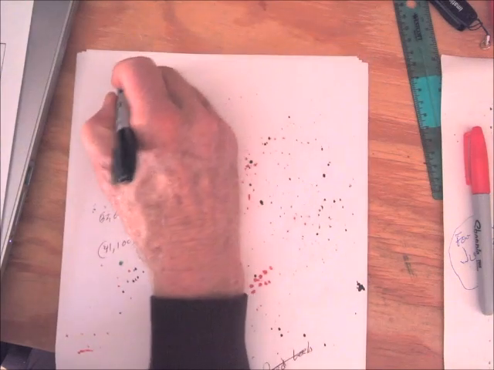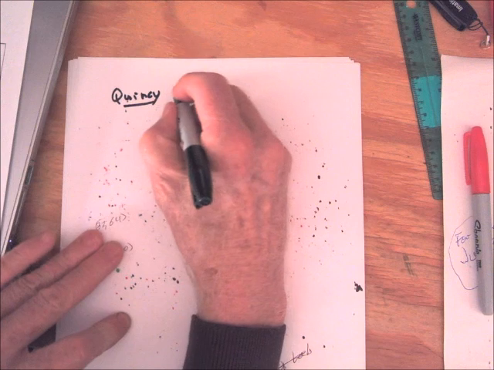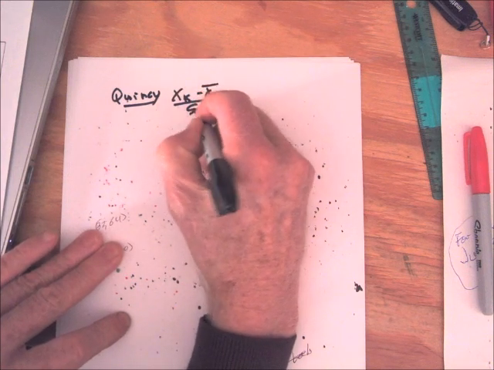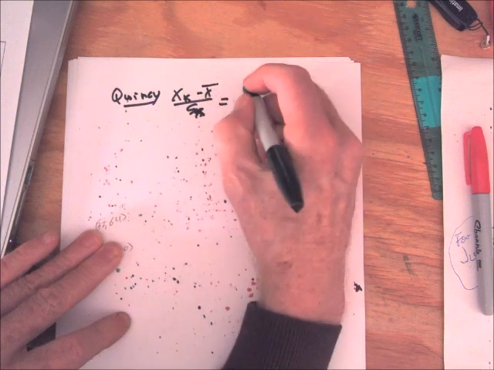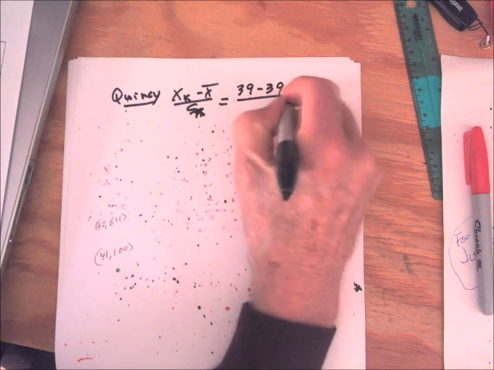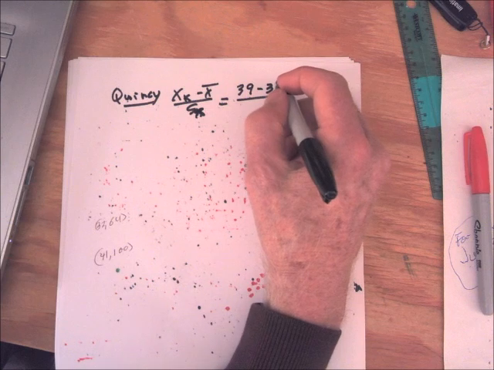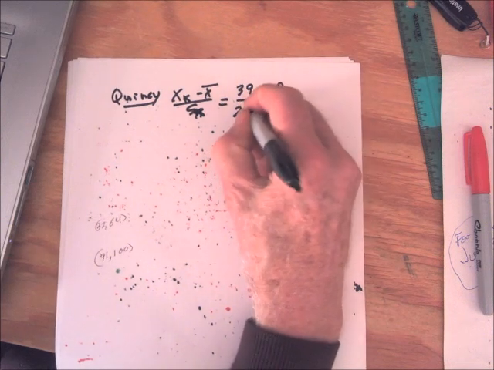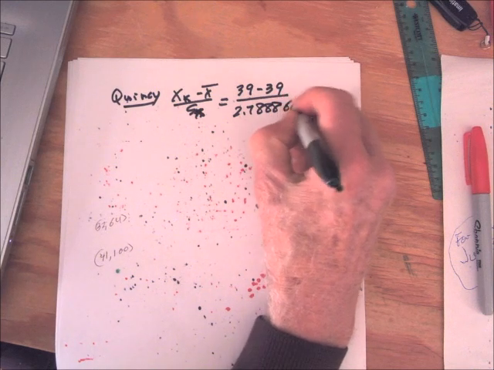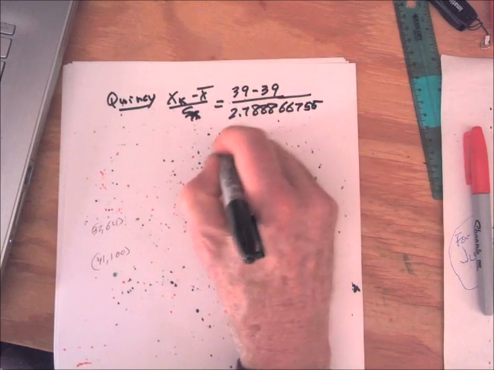We want xk minus x bar over sx. Okay, so the Quincy score is 39, the mean was 39, standard deviation for x was 2.7888, 66755. And that's going to equal 0.